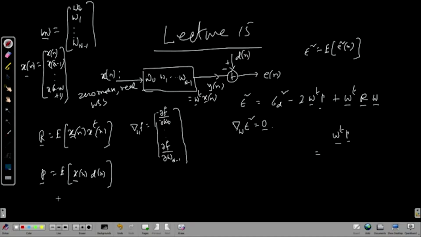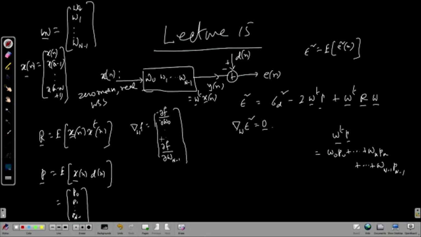You can name the elements of P as P0, P1, dot dot dot, P n minus 1. So, W transpose P is W0 P0, dot dot dot, general term Wk Pk, and lastly W n minus 1 P n minus 1.